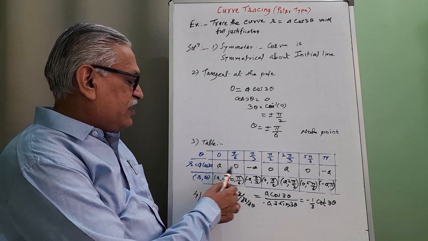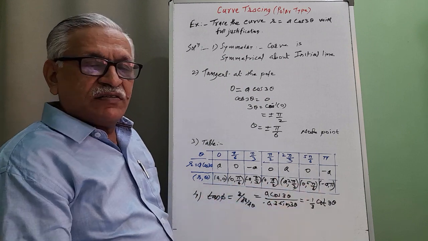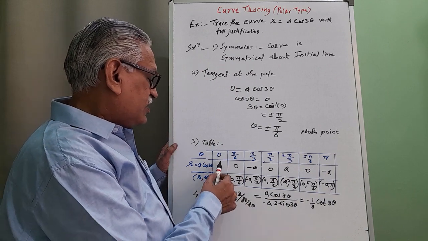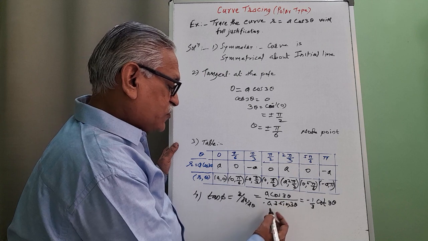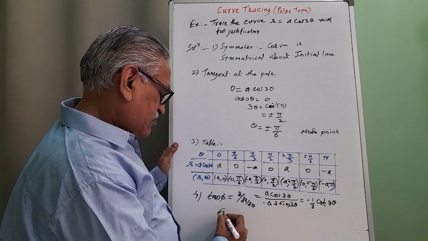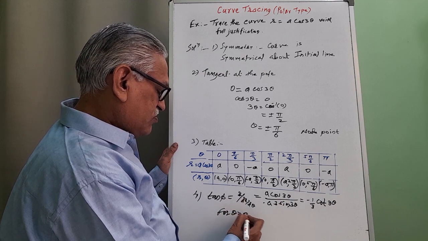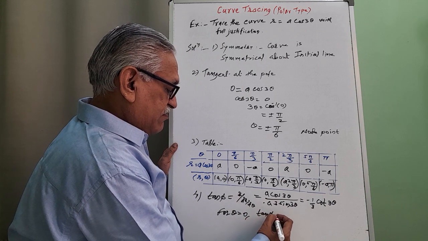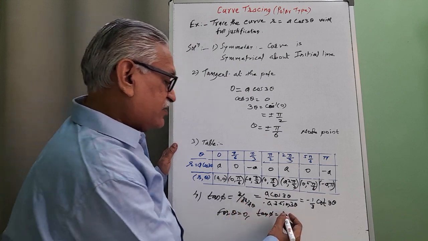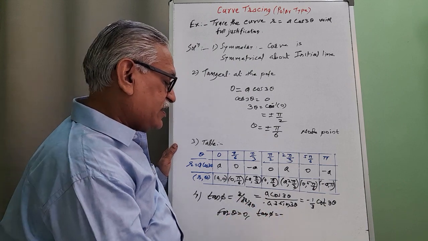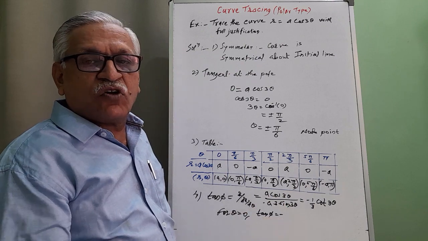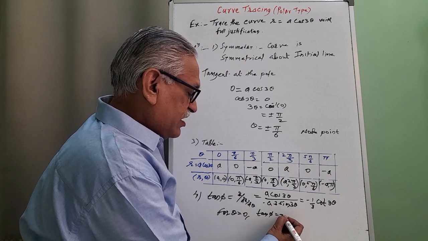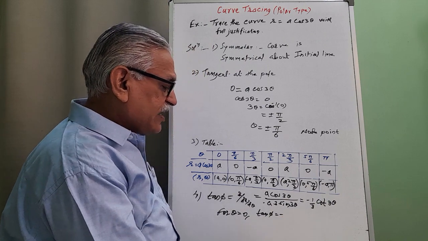Here the maximum values are a and −a, and therefore when we substitute θ = 0, we get tan φ = −1/3 cos 0 upon sin 0. Cos 0 is 1 and sin 0 is 0. 1 by 0 is infinity. Therefore that is infinity, neglecting the minus sign.